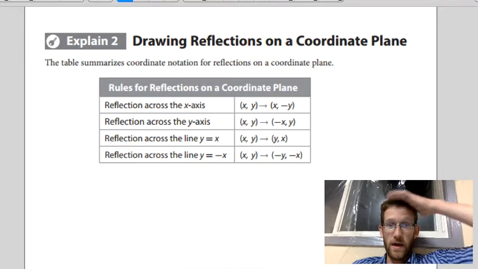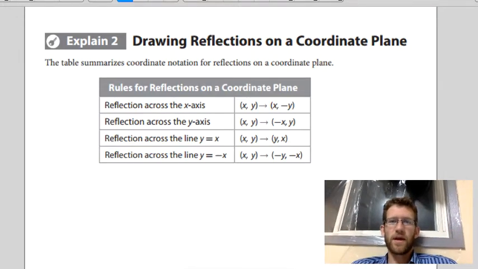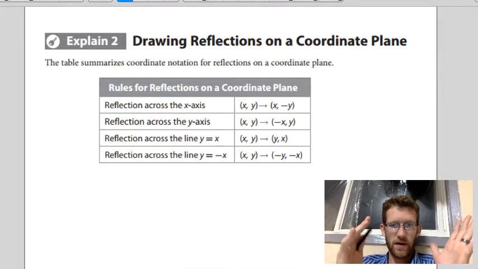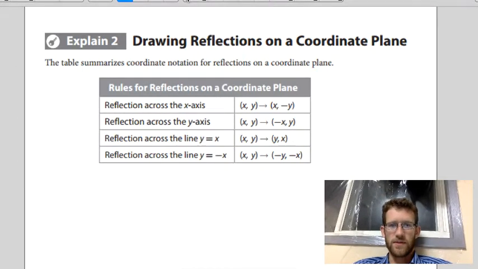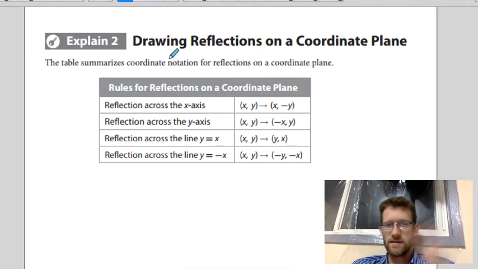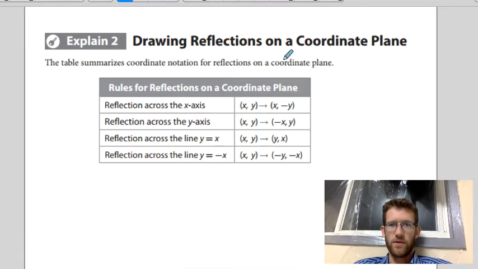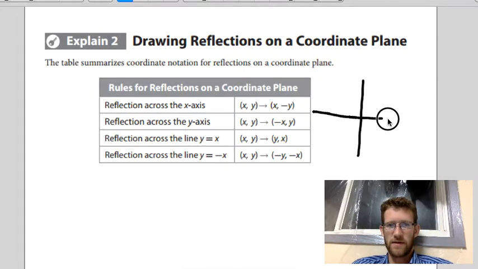Okay, in the coordinate plane, it's a lot easier because they just give us rules. In fact, the only reflections that we'll do in the coordinate plane are on one of 4 possible lines. The first is the x-axis or y-axis. The other 2 are the lines y equals x and y equals -x.